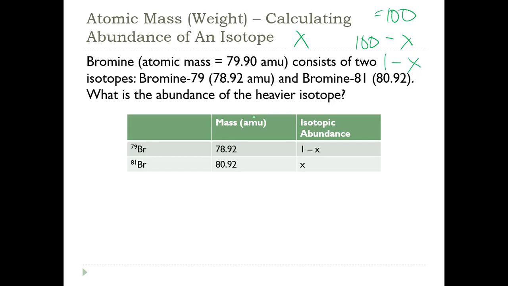So did we even read the question? Bromine, atomic mass 79.9 AMU. That is from the periodic table; we could find that information there. It consists of two isotopes, bromine 79 with a mass of 78.92 and bromine 81 with a mass of 80.92.